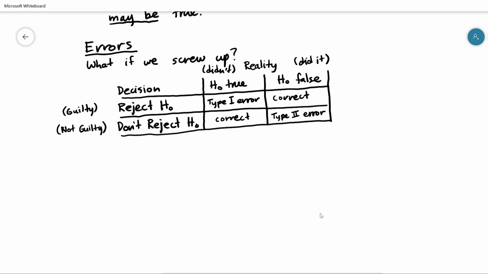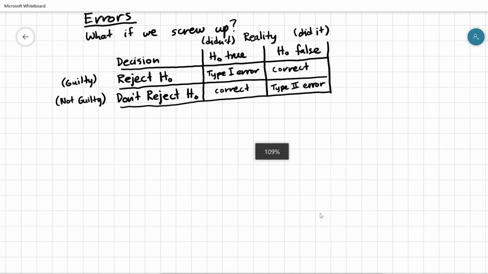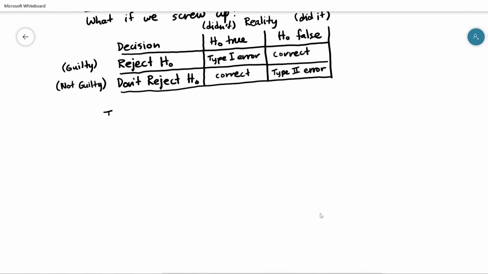To summarize, the type 1 error is that we convict the innocent: we rejected the null hypothesis even though it was actually true.